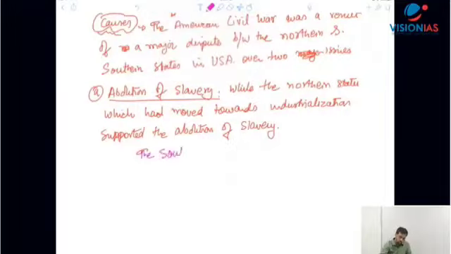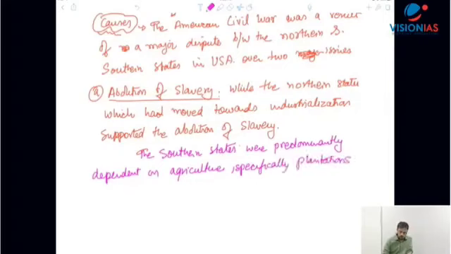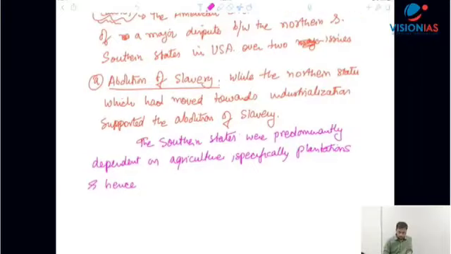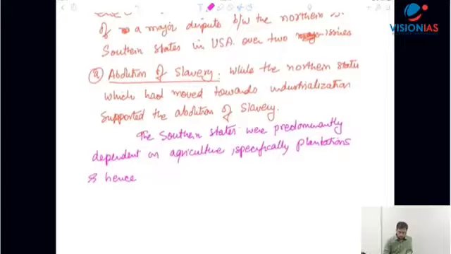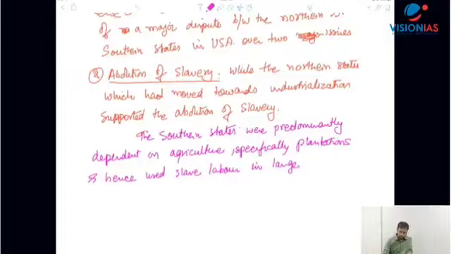the southern states were predominantly dependent upon agriculture, specifically plantations, and hence used slave labor in large amounts.